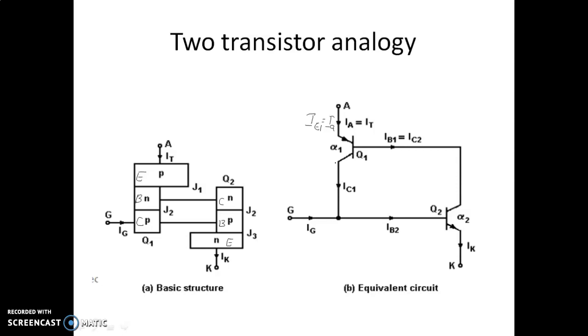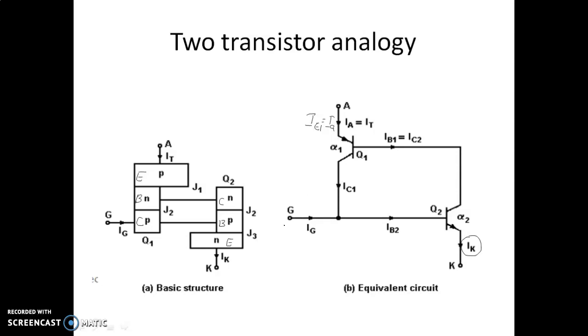As you can see, the collector of the first transistor is connected to the base of the second transistor. Then the base of the first transistor is connected to the collector of the second transistor. And the emitter current of the second transistor is the cathode current IK of the SCR.